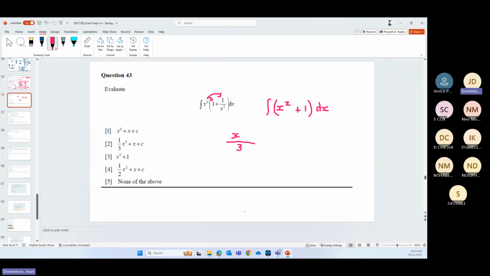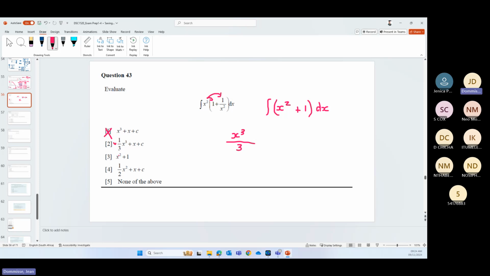So that's cool. So let's then, before we even work out the rest, x to the power of 3 divided by 3. X to the power of 3, there's no divide by 3. X to the power of 3 divide by 3, cool.